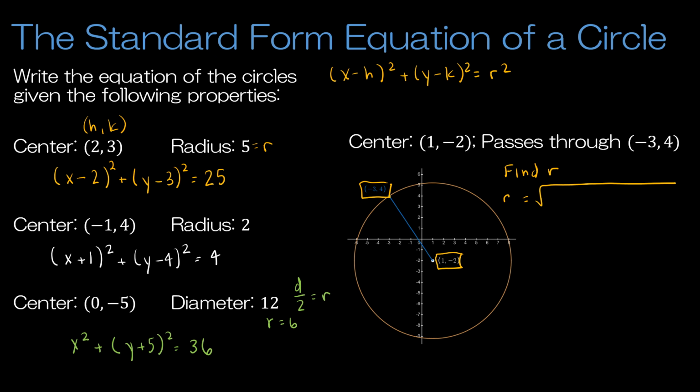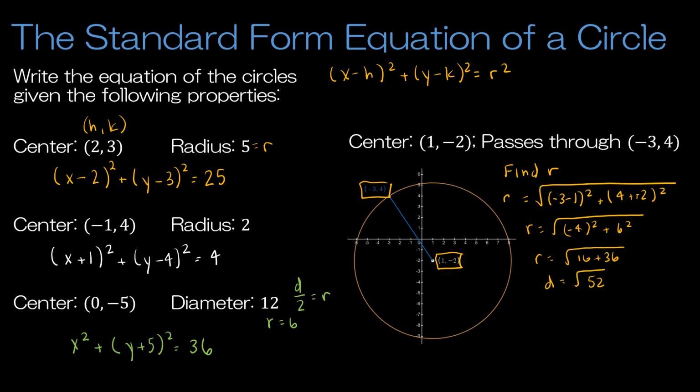So here I'm going to take the difference of the x's, so -3 minus 1 quantity squared plus 4 minus -2 quantity squared. And again, if you want to go straight to plus 2, that's just fine. I just want to make sure I don't lose anyone along the way. -3 minus 1 is -4, and I'm going to square it. 4 plus 2 is 6. That gives me 16 plus 36, which is radical 52.